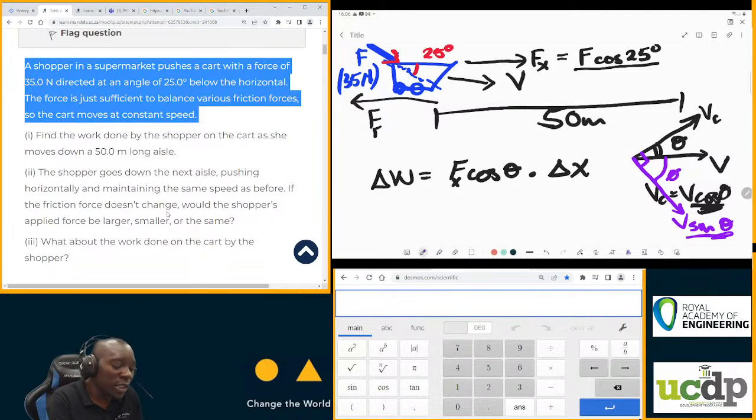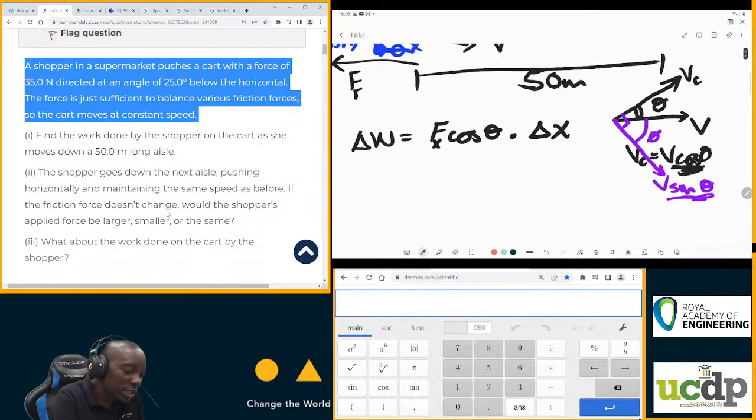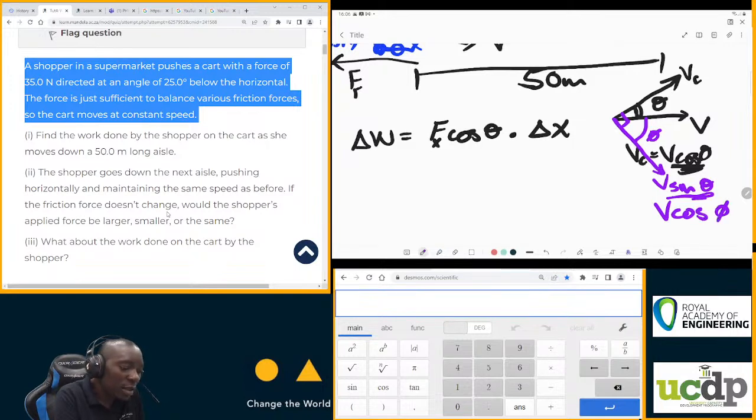So if we want to mention this in terms of this angle, because the vector and the angle being mentioned is phi, then this component now becomes V cos phi, because we are mentioning the angle that's subtended between the vector and its component. So we call this V cos phi. So if you do V cos phi and V sin phi, they will give you the same value.